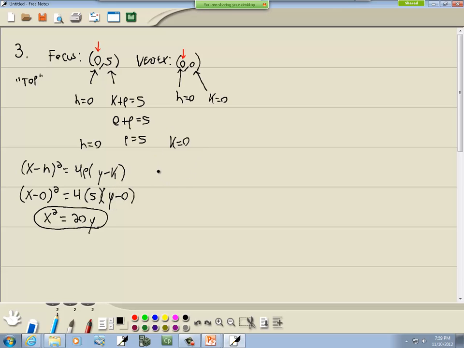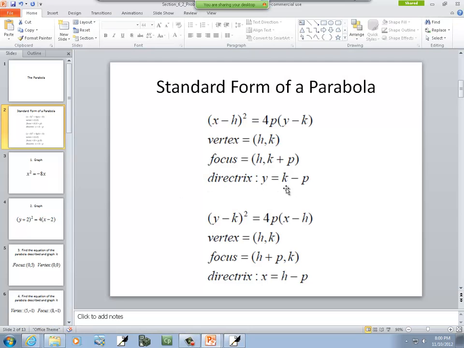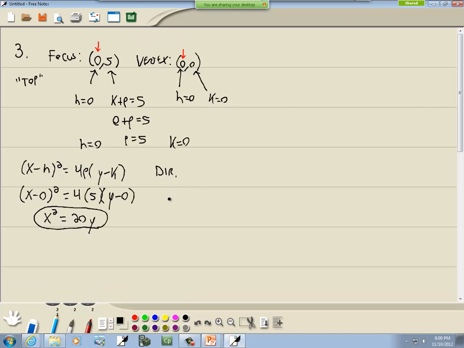Okay. Now it was beneficial to get our directrix. We got our focus, we got our vertex. So let's go ahead and find our directrix. Top formula, y is equal to k minus p. Well, k is 0 minus p, which is 5. So we got y is equal to negative 5. Okay.